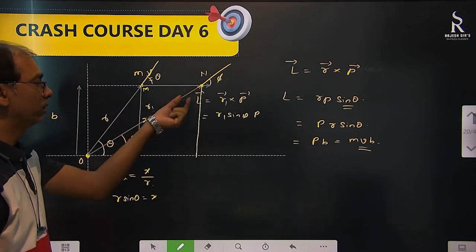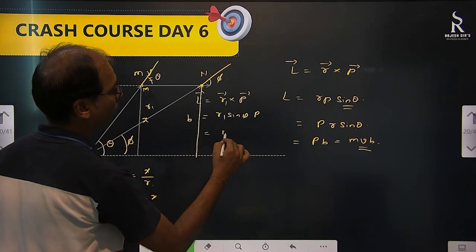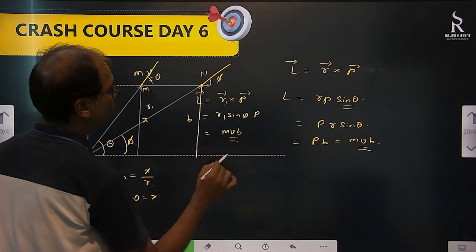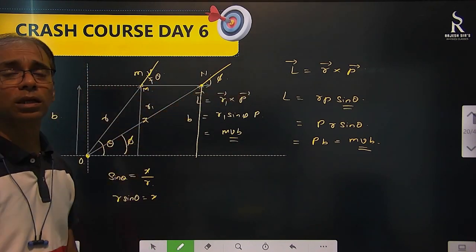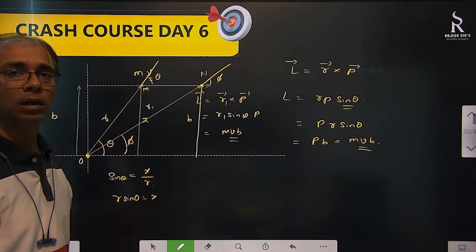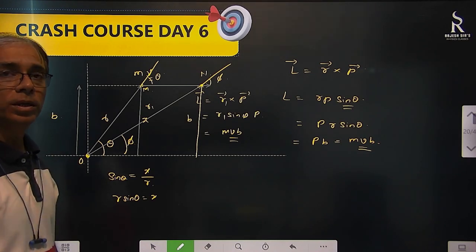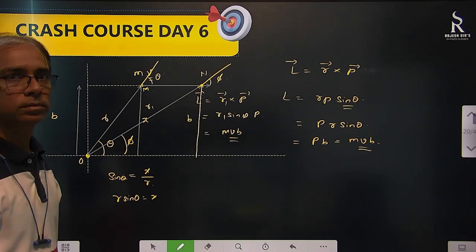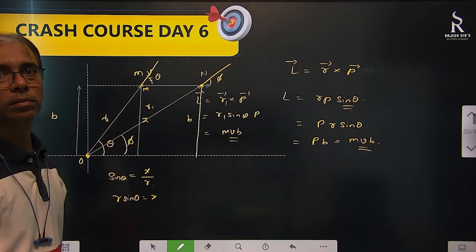So r1 sine phi will be this again, and this value is b. So it's going to come again mvb. So if the particle is moving in the same direction, angular momentum about a fixed point will be same. Clear?